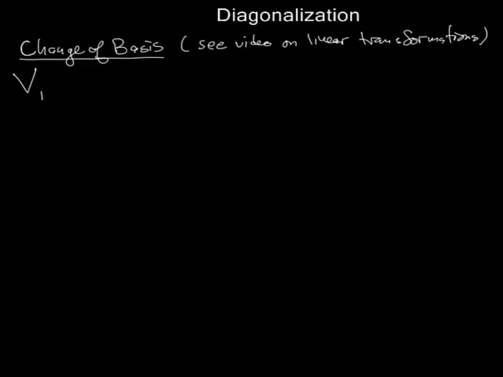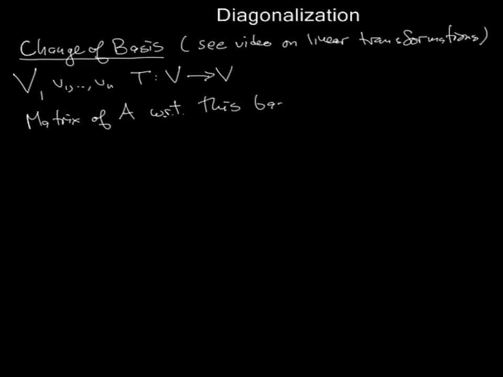So the picture is we have a vector space V and a basis V1 through Vn. Then if we have a linear transformation from V to V, you have the matrix of that linear transformation, A, I meant to say T, a matrix with respect to this basis. The matrix depends on the basis.